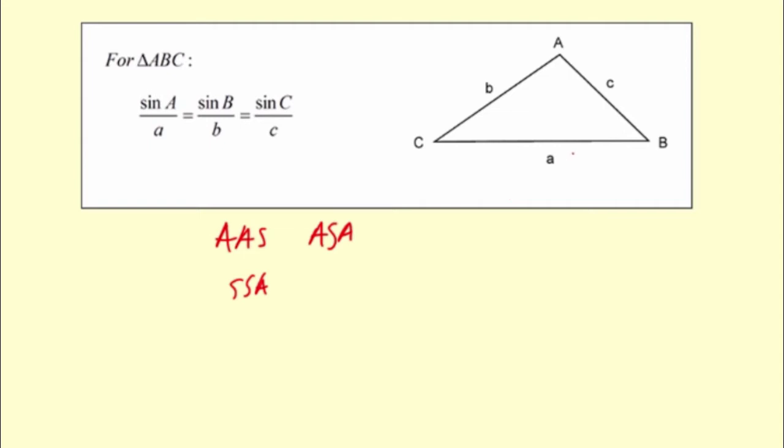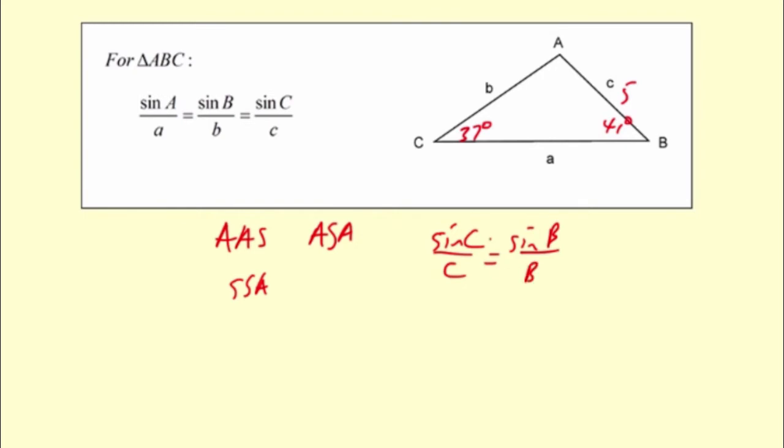So for this one, let's say angle C is 37 degrees and side c is 5. And then let's say angle B is 41 degrees. So this is an angle, angle, side situation, which is law of sines criteria. So I'm going to say sine of C over c equals sine of B over b.